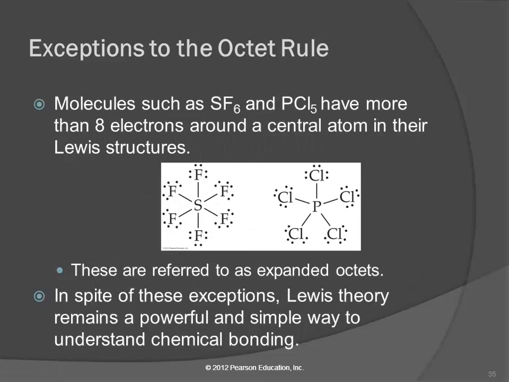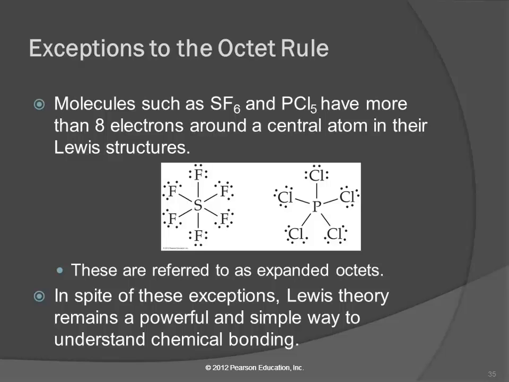Then there's another type of exception. Some atoms can have what are called expanded octets, so more than 8 electrons. So sulfur hexafluoride, here sulfur has 6 single bonds, giving it 12 valence electrons instead of an octet. That's a lot of electrons. Sulfur can do that because it's a little bigger. These ones in the second period of the periodic table never form expanded octets.